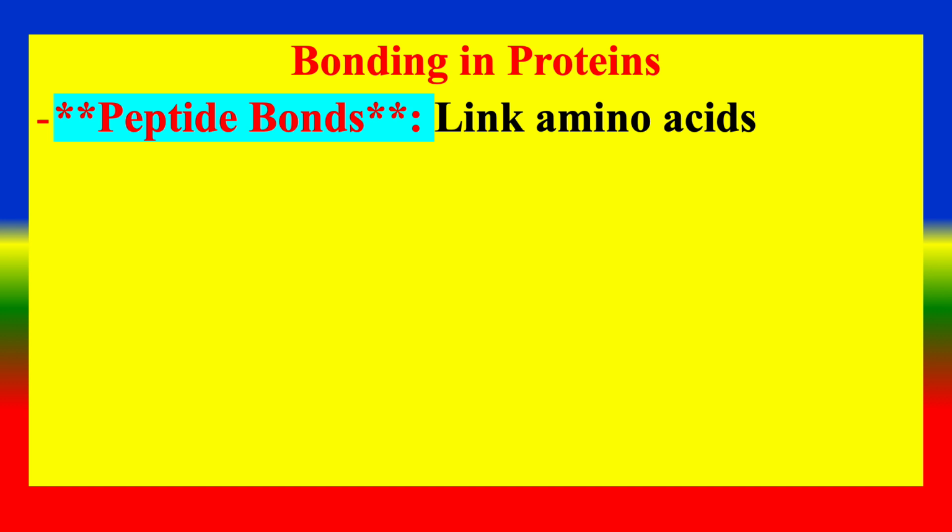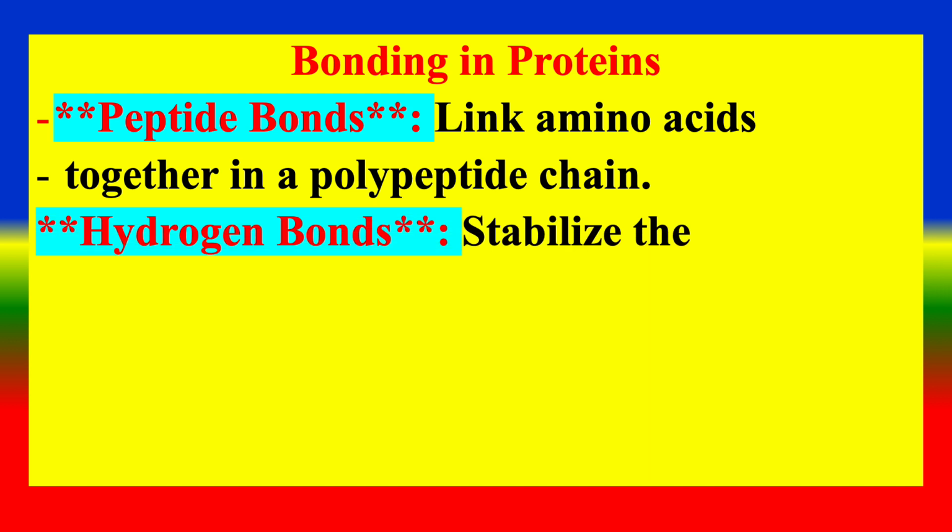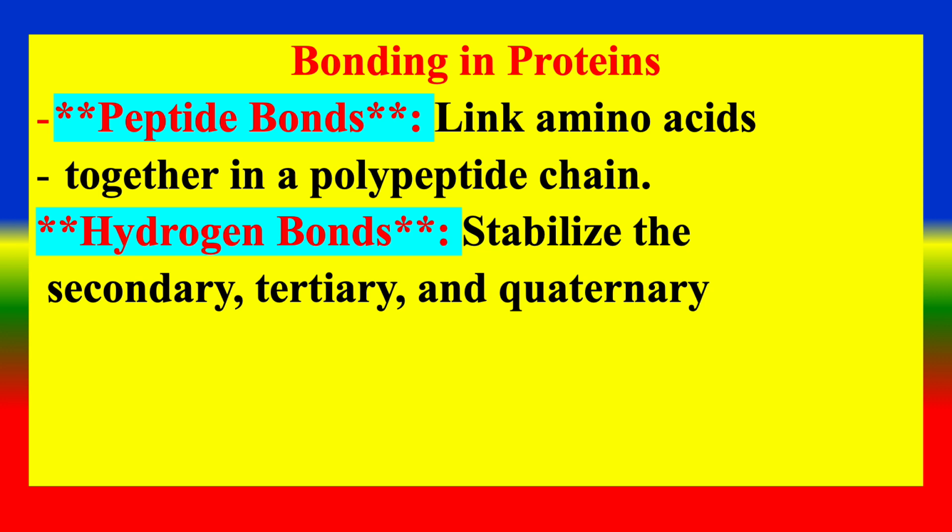Bonding in proteins. Peptide bonds link amino acids together in a polypeptide chain. Hydrogen bonds stabilize the secondary, tertiary and quaternary structure.